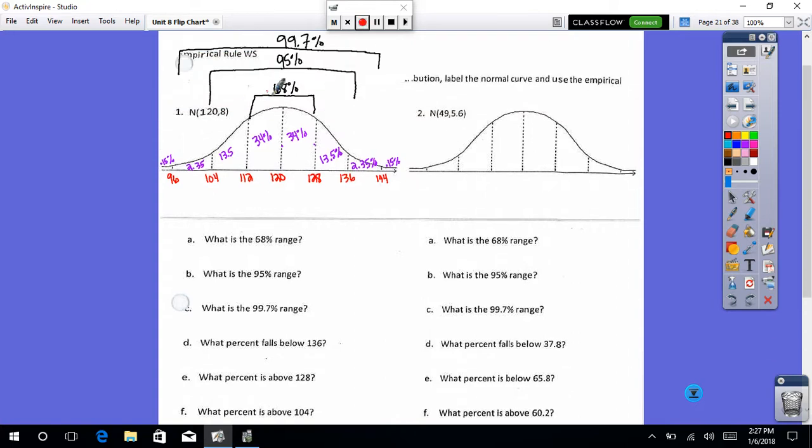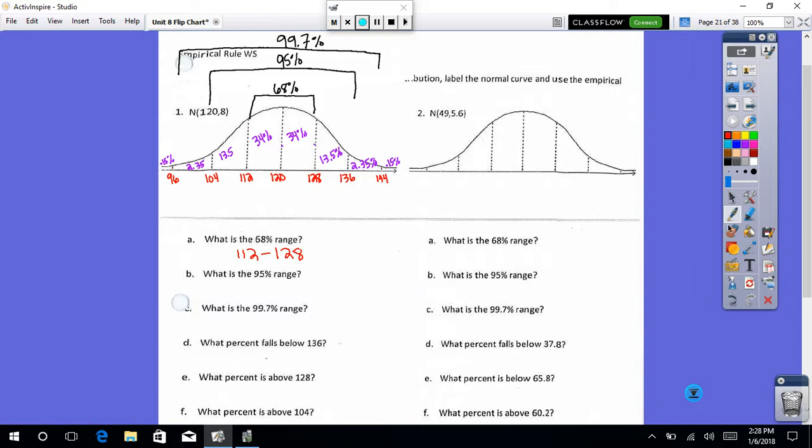So look up here, I made my little chart. 68% of my data is from this line to this line, which is a score of 112 up to 128. Again, that was 112 up to 128.